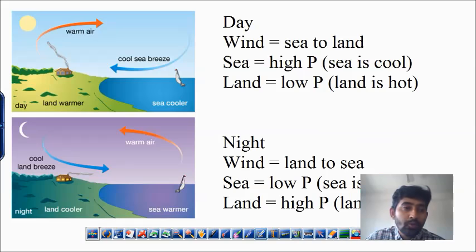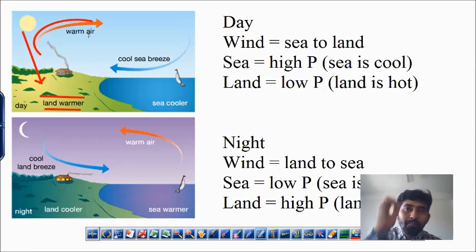What happens when you absorb heat? The land becomes warmer because it is absorbing the heat from the sun. So what? Because of this, the hot air rises up. You can see here warm air from the land is rising up.